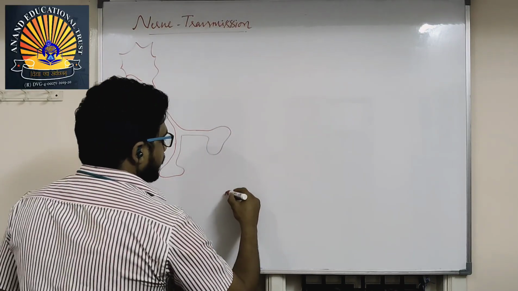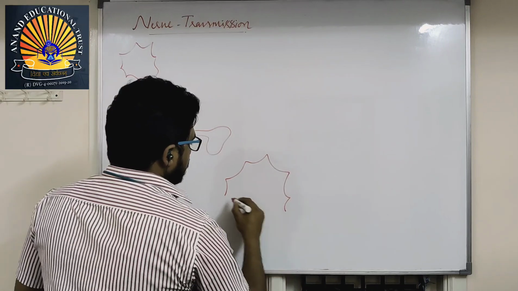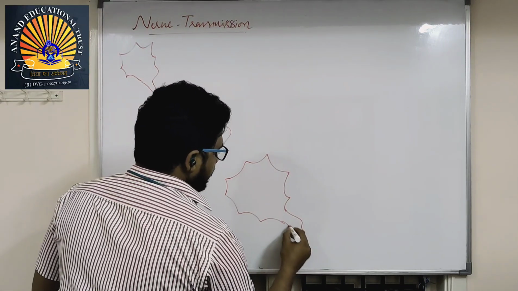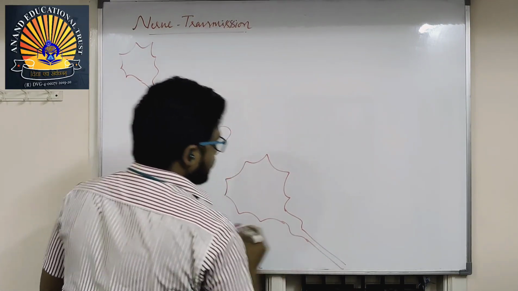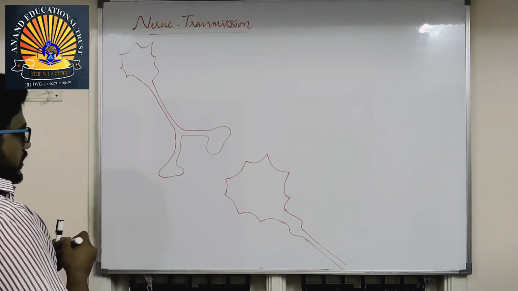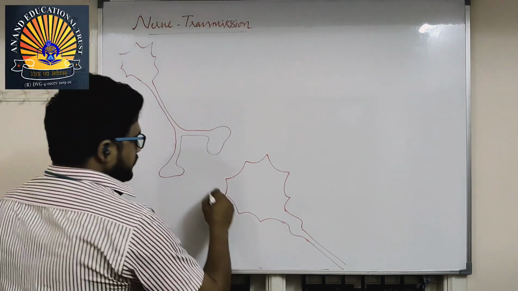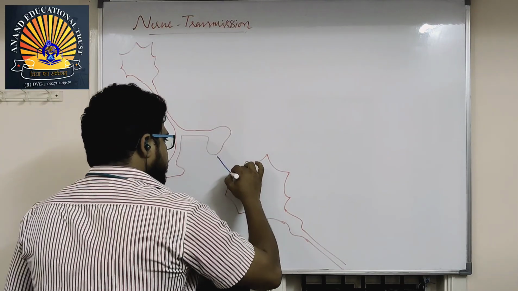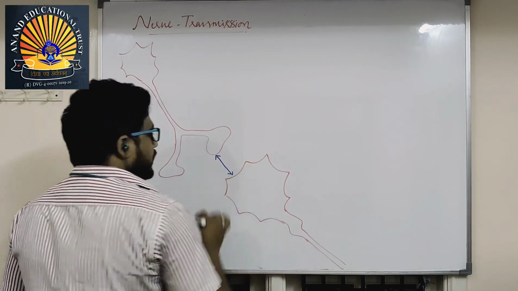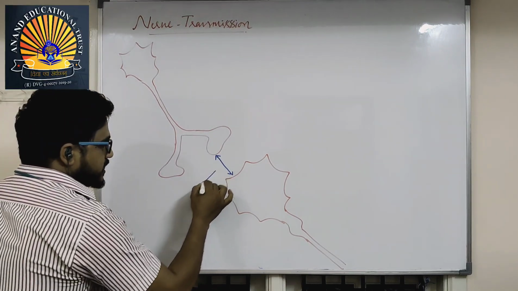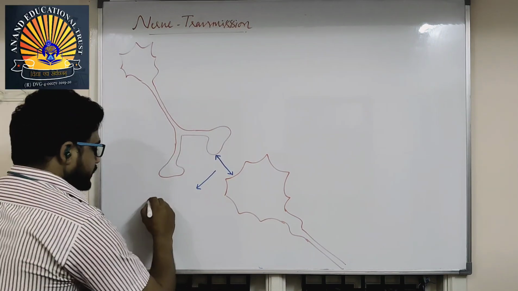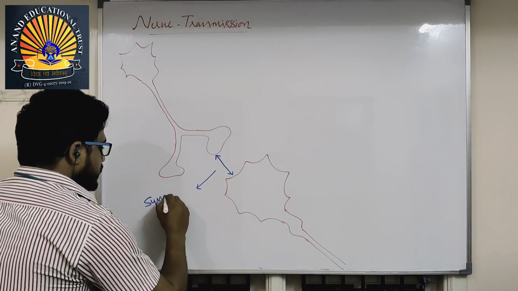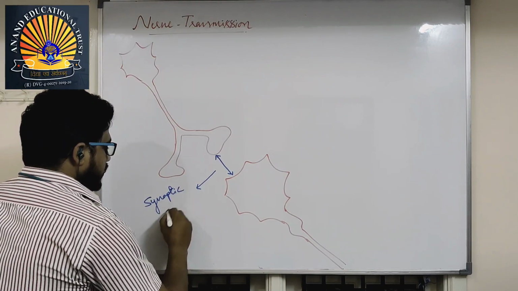And this is another neuron which is receiving the impulse from it. The entire junction is called a synapse. The gap between the two is called the synaptic cleft.